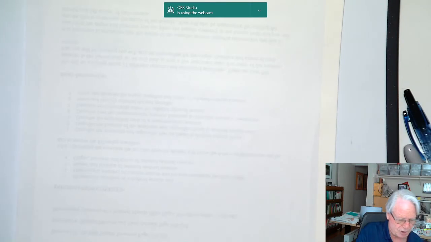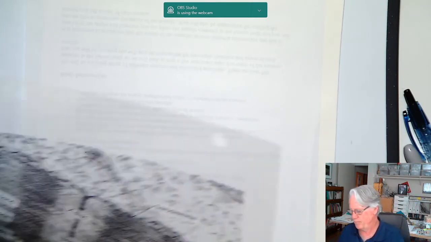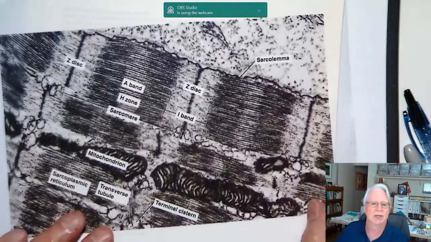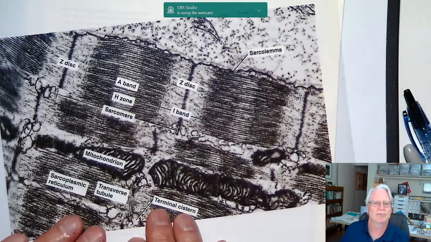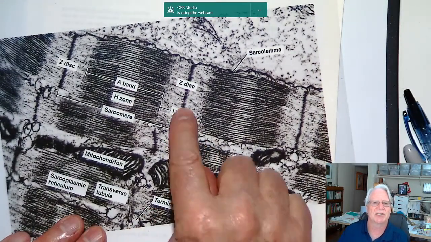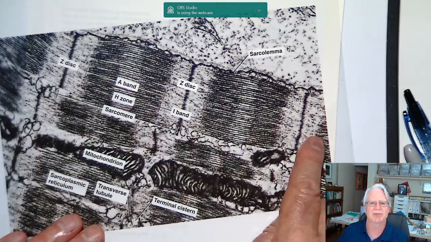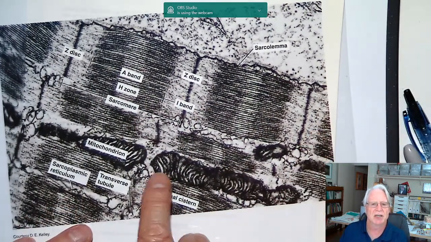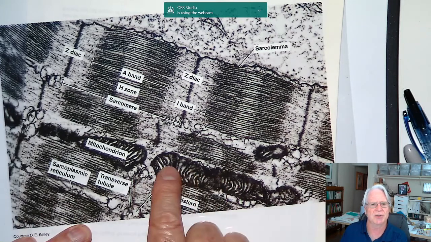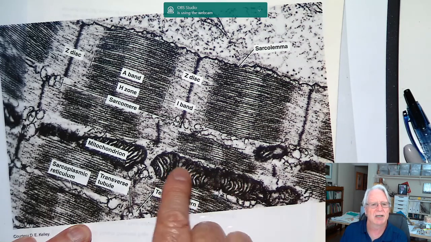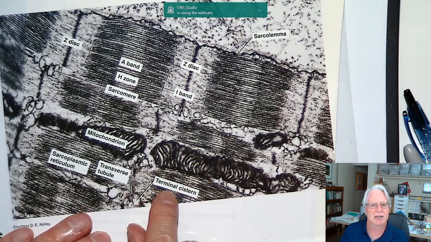Another image. So here's my Z-disc. And now this is several sarcomeres in position. And we also start to include other structures such as mitochondria, the terminal cistern, the T-tubule.